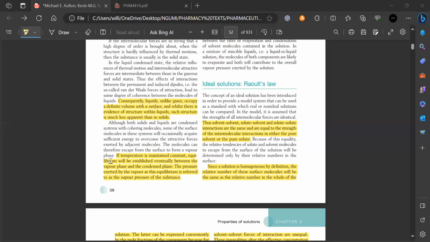And the pressure exerted by the vapor at this equilibrium is what we call vapor pressure.